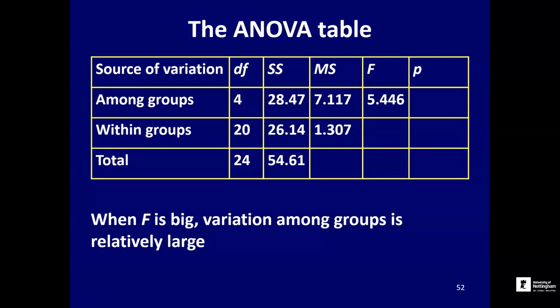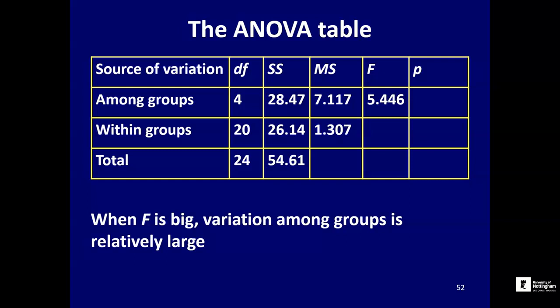So when this ratio is big, when the top number is big compared to the bottom number, then what you're looking at is relatively big differences among groups, given how much variation there is within groups. So a big value of F indicates a possible deviation from the null hypothesis. These data don't appear to be consistent with the null hypothesis.